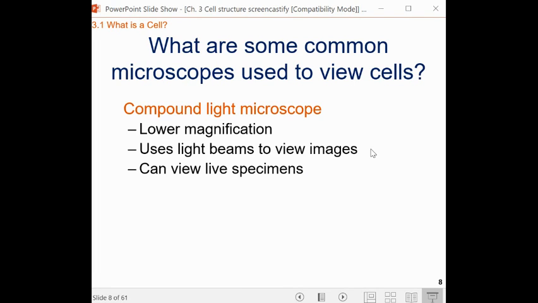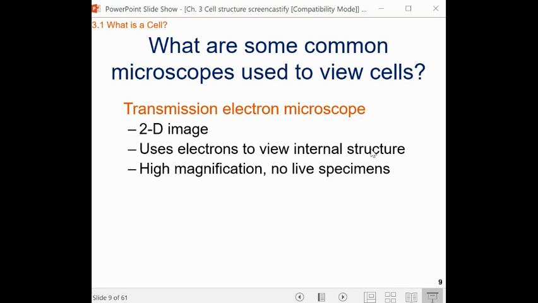Now, if we want to study the cell, we'll find that there's some different types of microscopes that we can use. In the classroom, we tend to use a compound light microscope. It has a lower magnification and just simply shines a beam of light through the specimen. But what's cool about this is you can view live specimens. Now, there's a limit to how much we can magnify with a compound microscope, so then you can move to a transmission electron microscope.